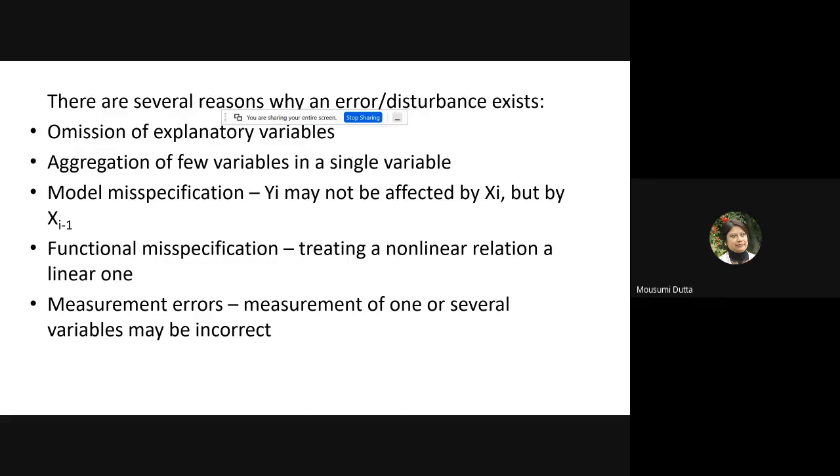The second possibility is aggregation of a few variables in a single variable. Sometimes, instead of considering a number of variables, we consider an index framed by a few variables, or we use a concept which carries the essence of a number of variables. For example, suppose you consider demand will be determined by the quality of the product.